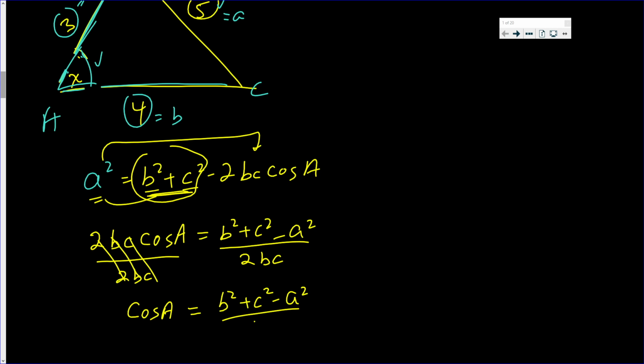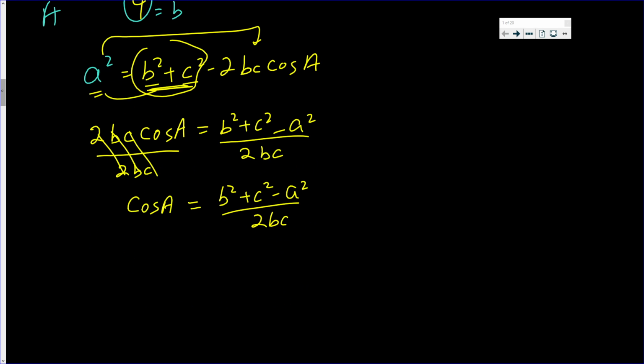is this. Let's find out what this is, and then we'll find what A is. Or you could solve for A right away actually. You could interchange these two things whenever you want.